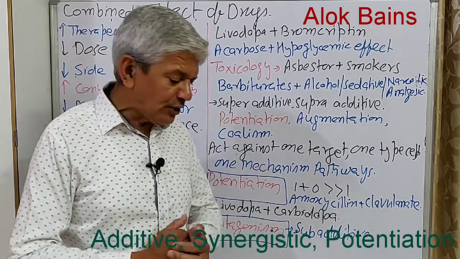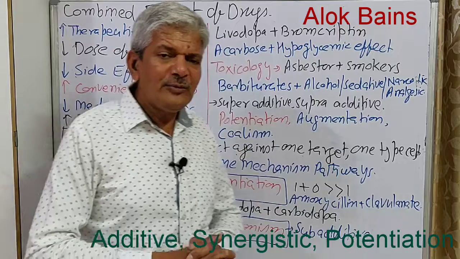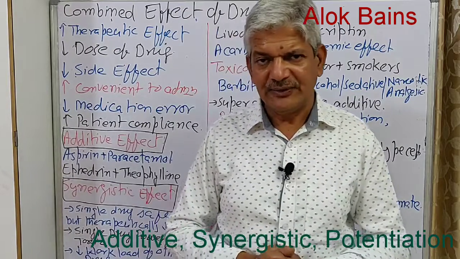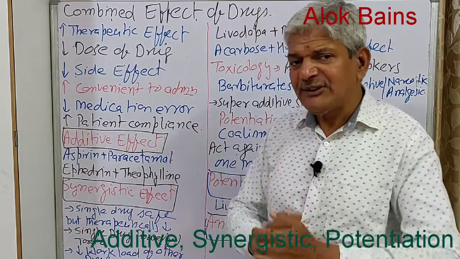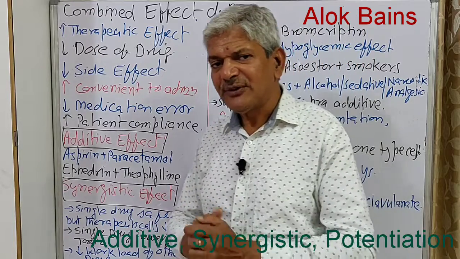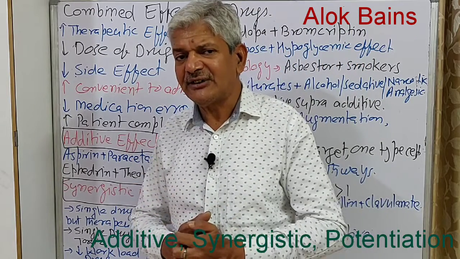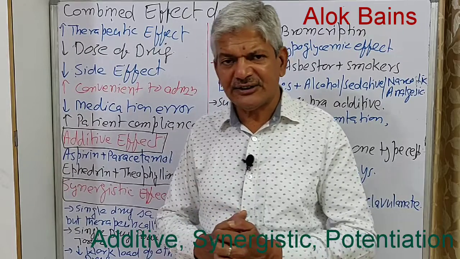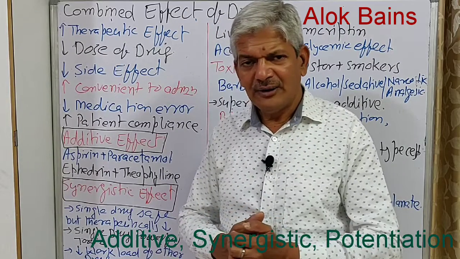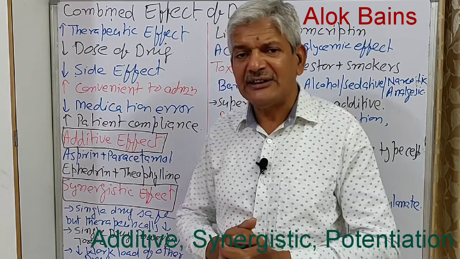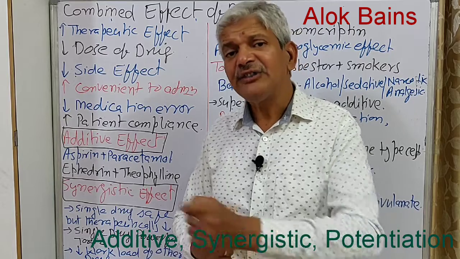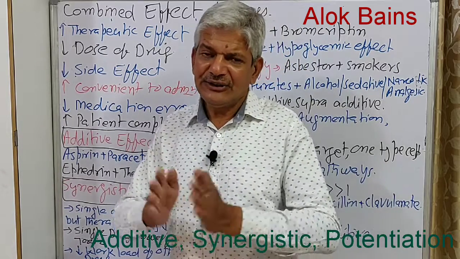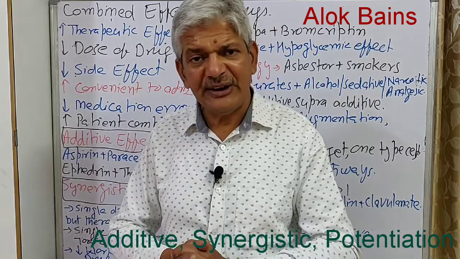Examples in toxicology. We all know barbiturates are CNS depressants. If barbiturates are used with other sedative drugs, hypnotic drugs, anesthetic drugs, alcohol, narcotic analgesics, or general anesthetics, these all cause CNS depression.